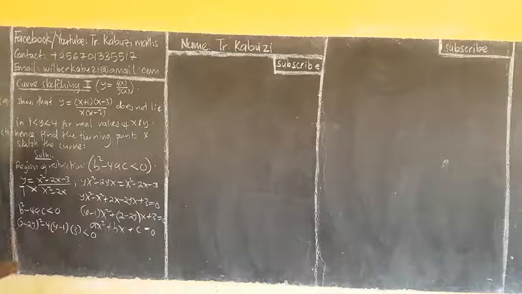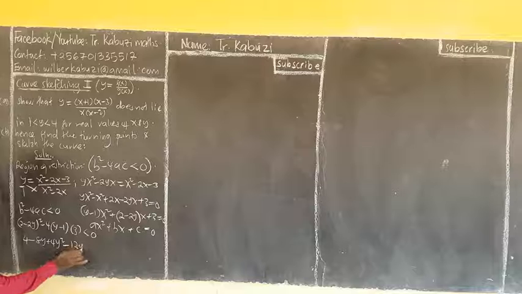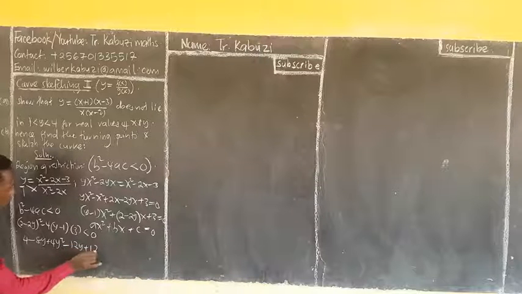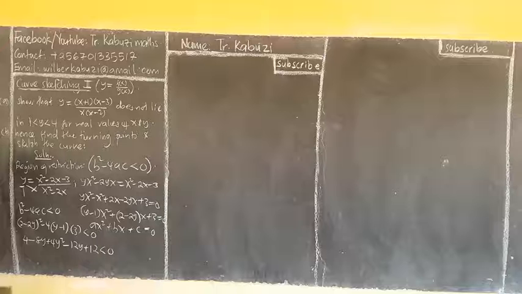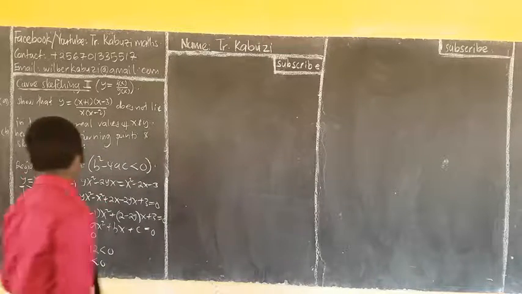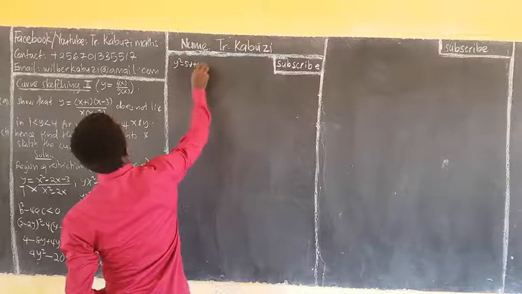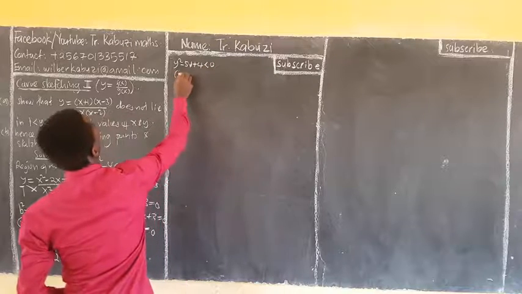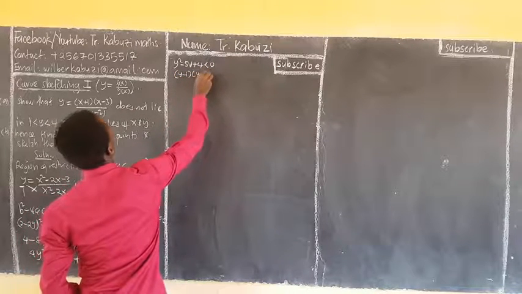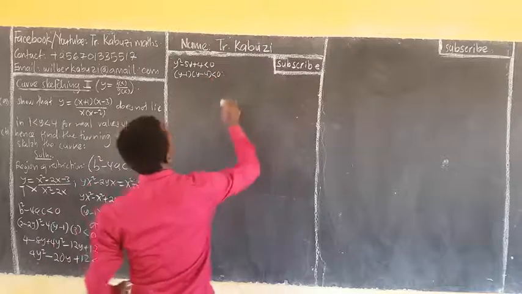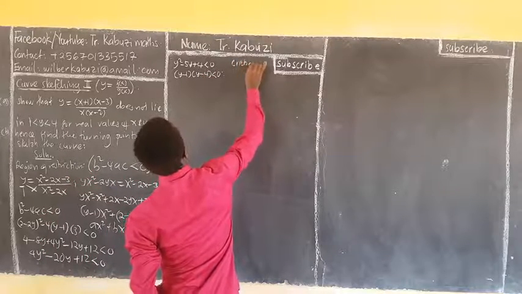If we expand this, and simplify, we can divide through by 4. If we divide through by 4, we have y squared minus 5y plus 4 less than 0, which we can easily factorize into (y minus 1)(y minus 4) less than 0. From here, you get what we call the critical values.